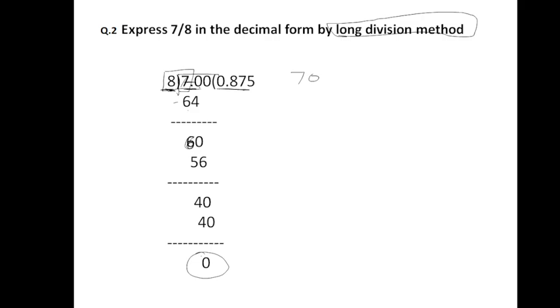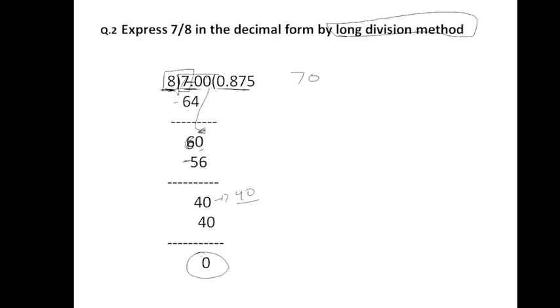Its remaining term is 0. Write down the 0, and further we divide 60 by 8. How many times? It is 7 times, because 8 into 7 is 56, and subtracting 56 from 60 we got 4. Further we write down 0 and we got 40.